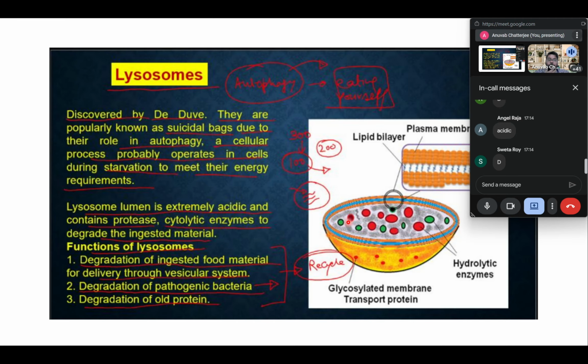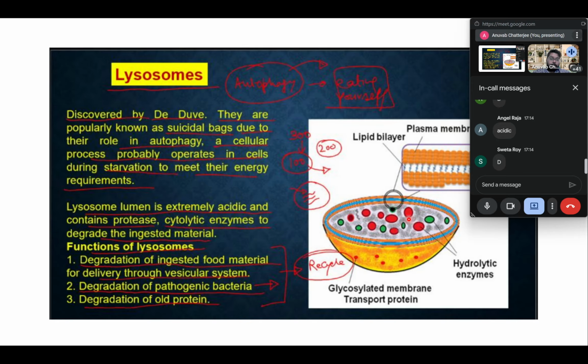Yes, so as I said, lysosomes are acidic in nature and they also contain a lot of hydrolytic enzymes. So enzymes that chop off everything that enters into them and then act as the trash bags of the cell. So essentially, if you want anything destroyed and broken down into its smallest usable components, you send it to the lysosome to get degraded.